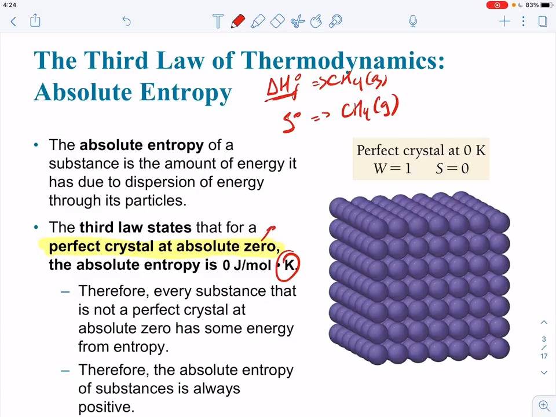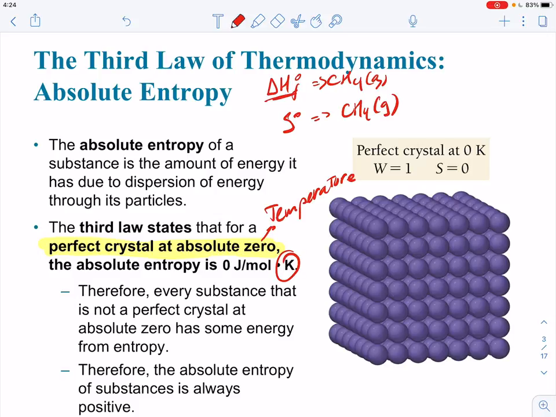This absolute 0 refers to temperature. If you can have a perfect crystal at 0 Kelvin, then the entropy associated with that crystal is going to be 0.